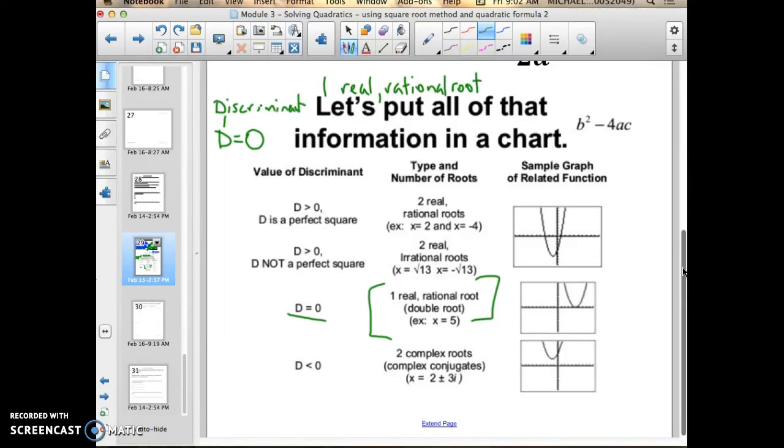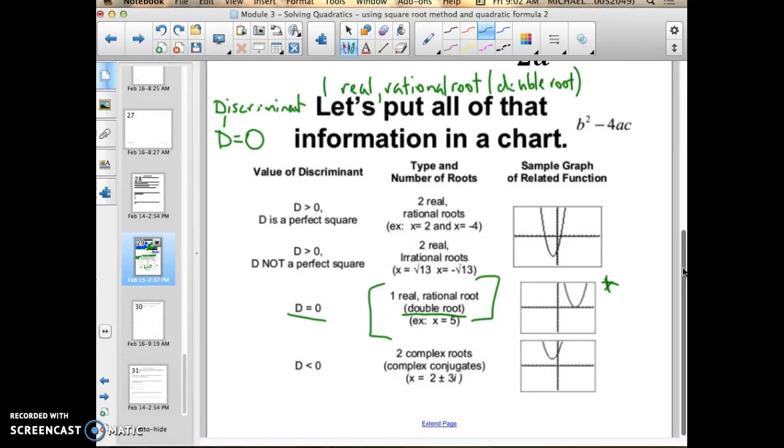And I know that this rational root is considered to be a double root, meaning that at that number, at that answer, it's going to bounce.